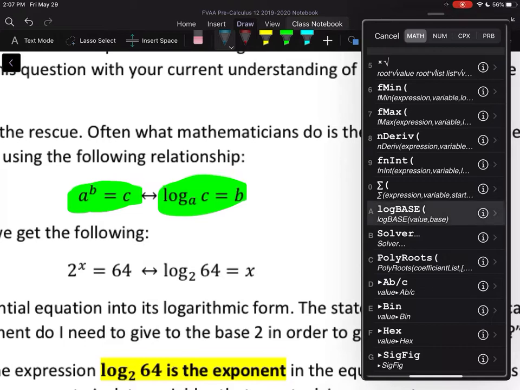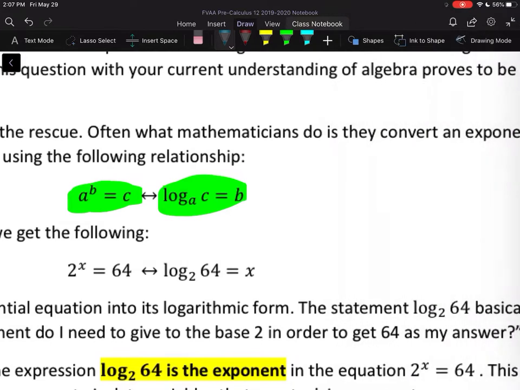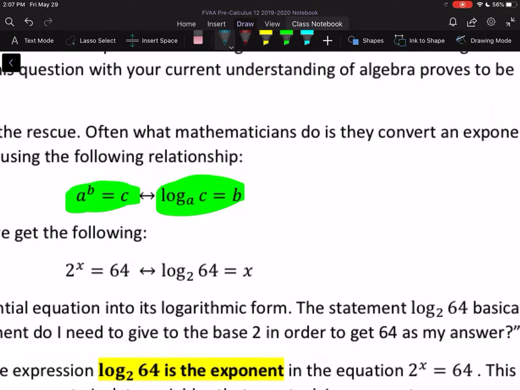However, the TI-83s sometimes don't always have this option where you can put a base number and a larger number inside. So what you can do for that is you can just use the regular log button, and we can see that B is also equal to log C over log A. Okay, log C divided by log A.